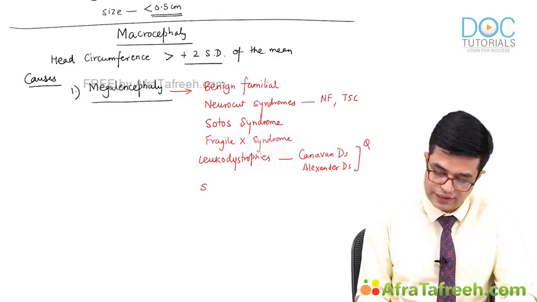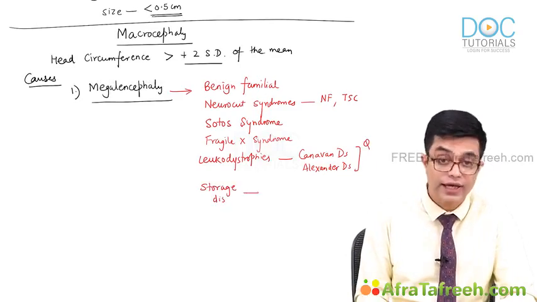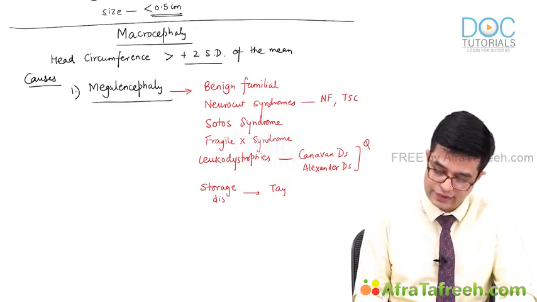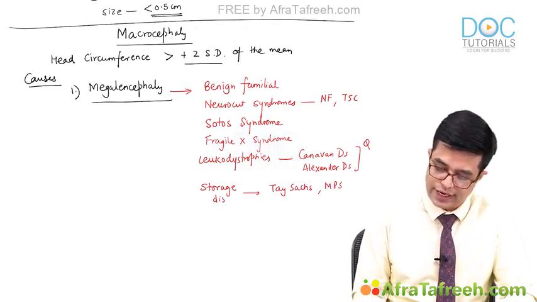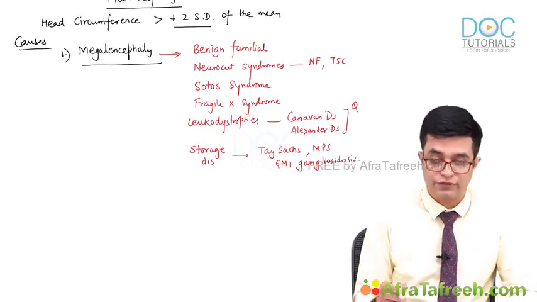Finally, it can also be seen in storage diseases like Tay-Sachs disease, mucopolysaccharidosis, and GM1 gangliosidosis.